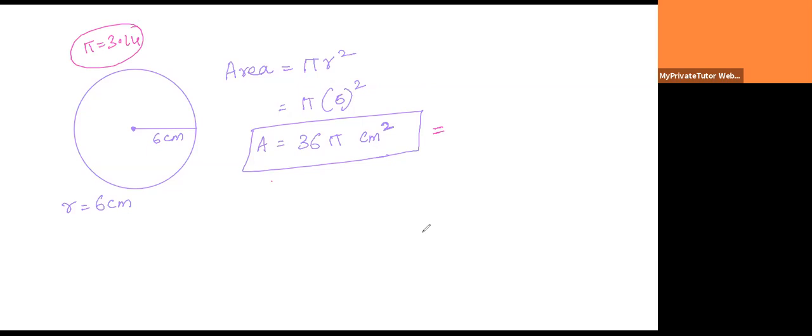Round that answer to two decimal places if required. We'll get approximately 113.04, which, if we round to a whole number, is 113 square centimeters. Omar, please let me know if you have any questions. Feel free to ask me. So this is how we usually find the area of a circle.